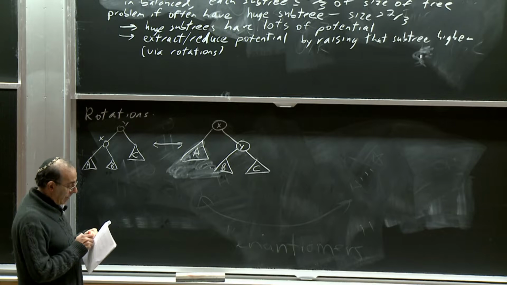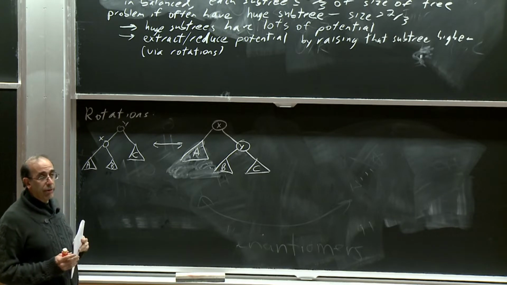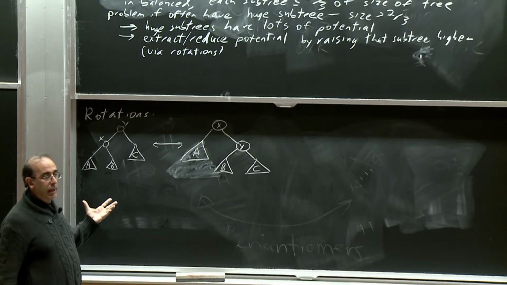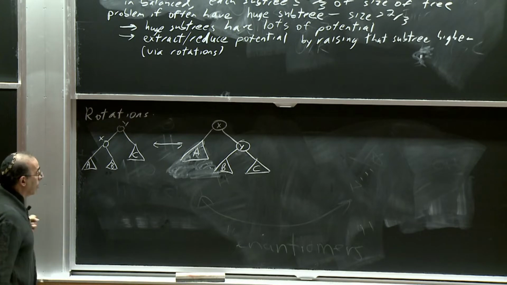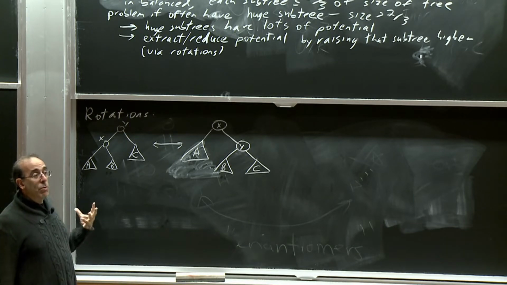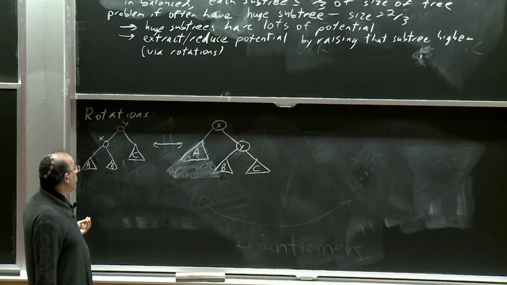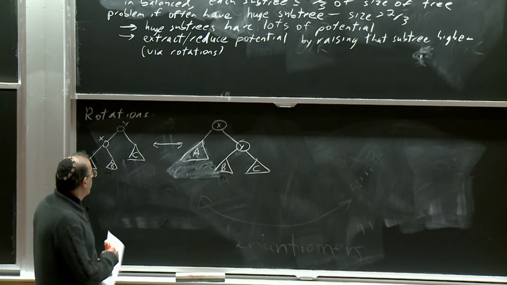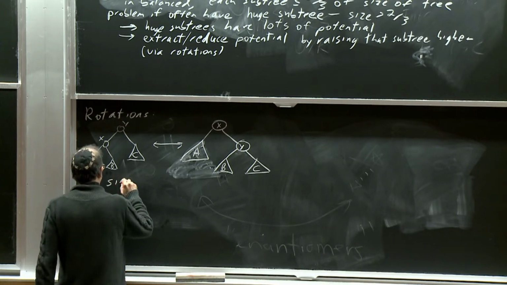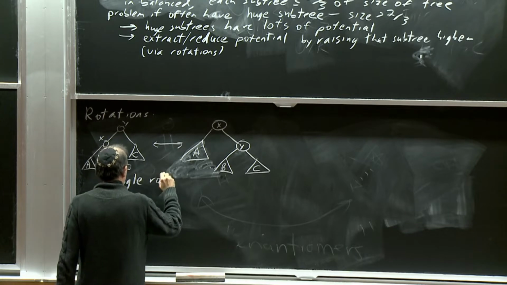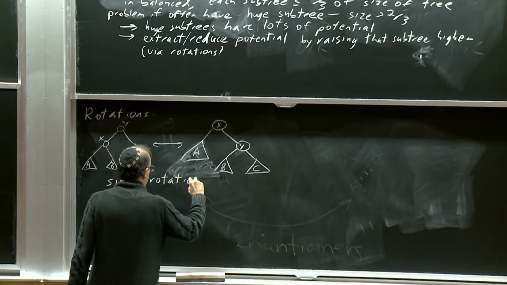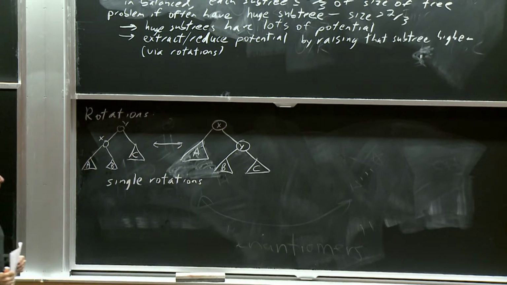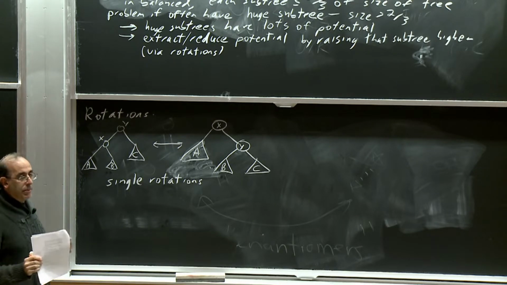But it turns out that using these rotations for rebalancing, per the goals of the splay tree, they don't work. These rotations, which are called single rotations, unfortunately cause as many problems as they're solving.